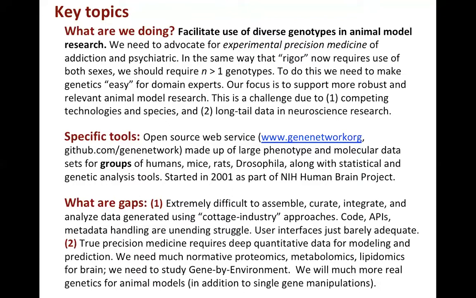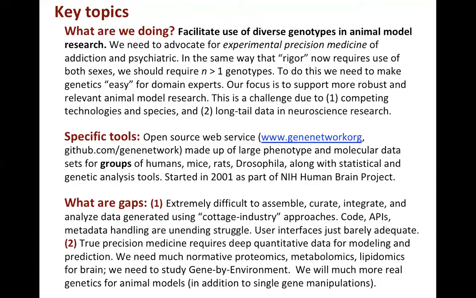Quickly, what are the gaps? For those of you who have been in NIF for a long time or know about it, one of the challenges in neuroscience is what they call the long tail data in neuroscience. Most studies are done at the R01 and R21 level.